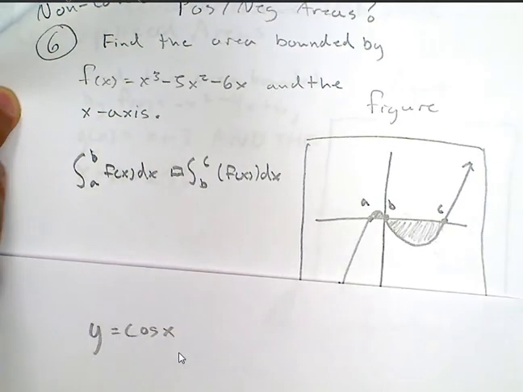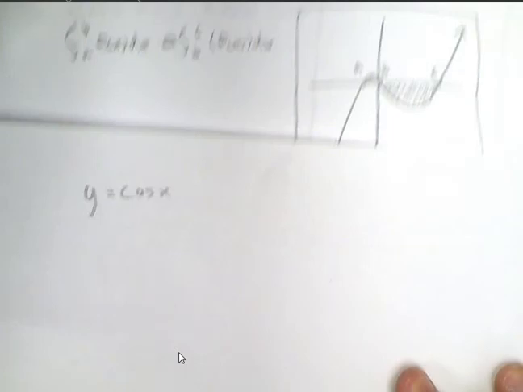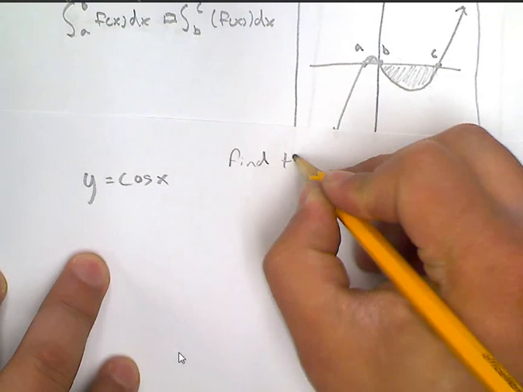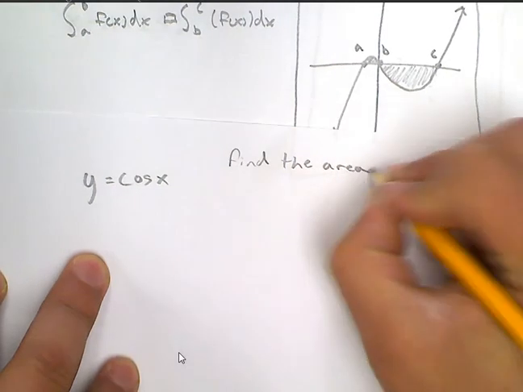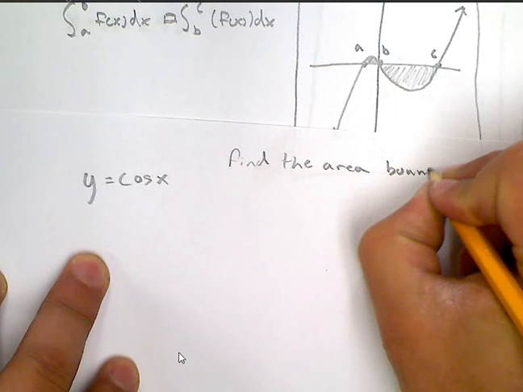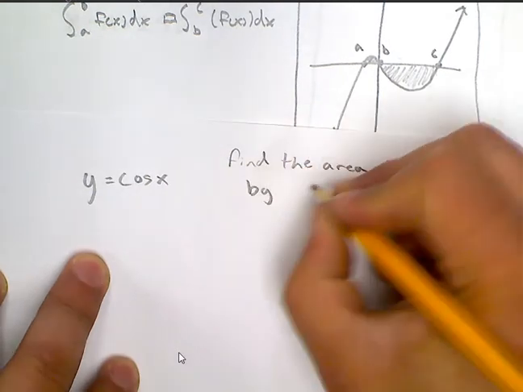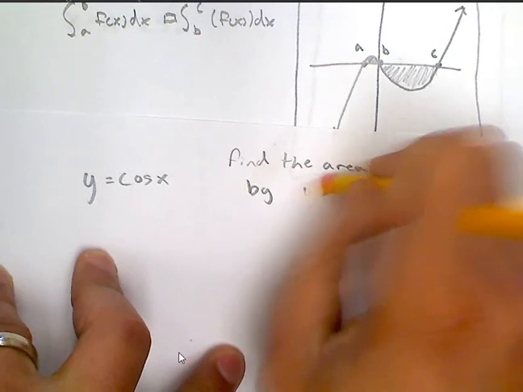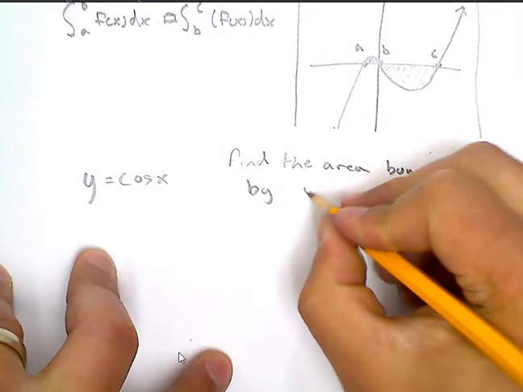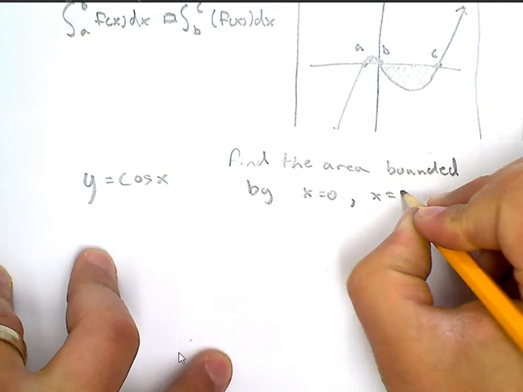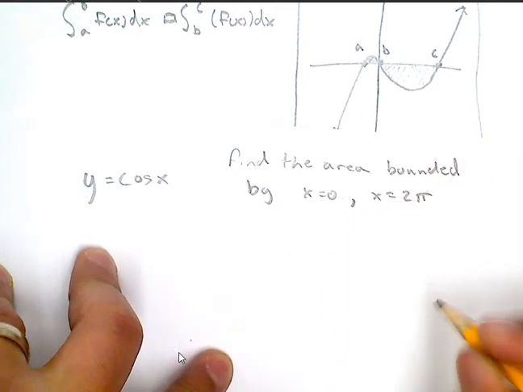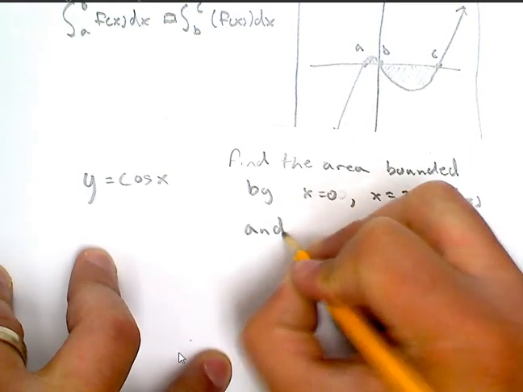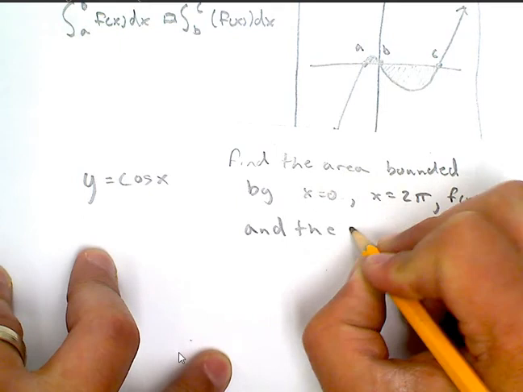So let me do an example of that. Y equals cosine x. Let's find the area bounded by x equals 0, x equals 2 pi, f of x, and the x-axis.